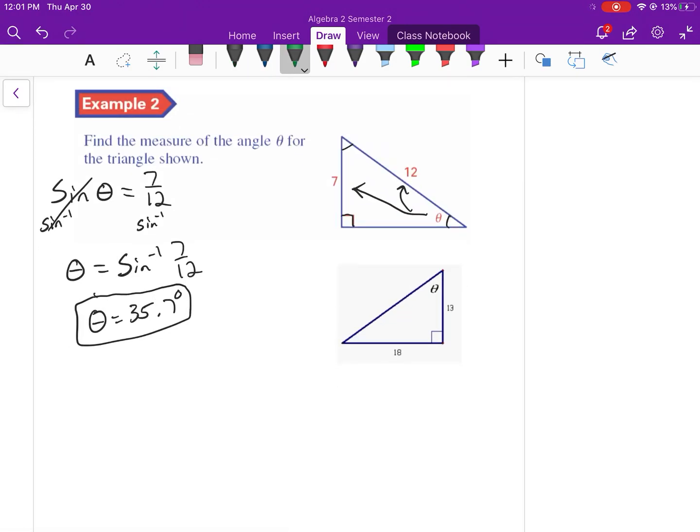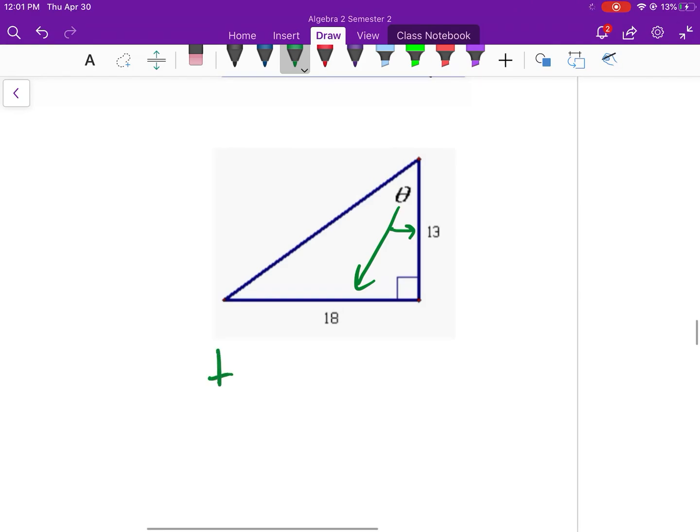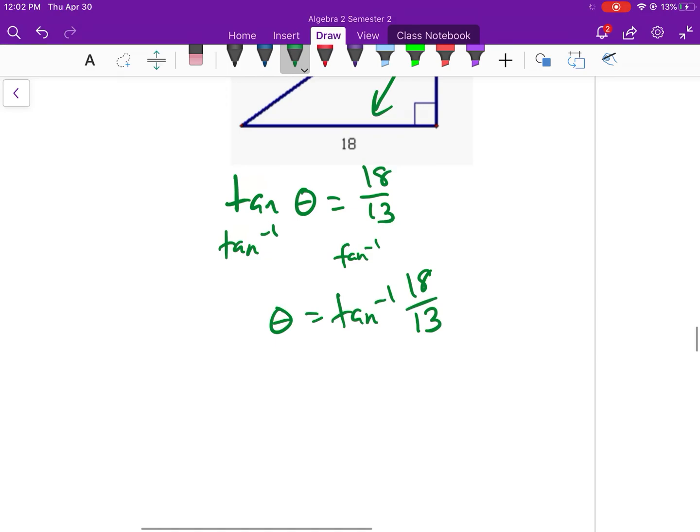All right, next one. If we look at it, we have opposite and we have adjacent. So I'm thinking tangent. Tangent of theta is equal to 18 over 13. And again, to undo the tangent of theta, to get just theta, we're going to take the inverse tangent. So theta is equal to inverse tangent of 18 over 13, which I won't show you how to do again.